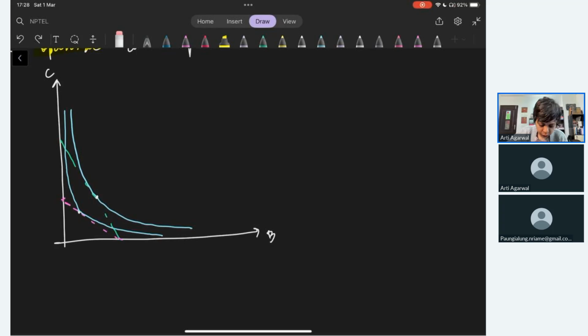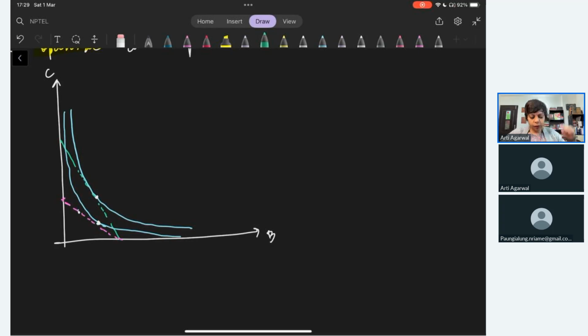Wait a minute, let me redraw this. Okay, something like this. Yes, this is correct. It takes a little while to get these curves right because I don't want to draw something which is not correct.